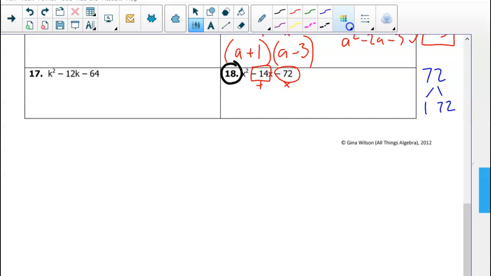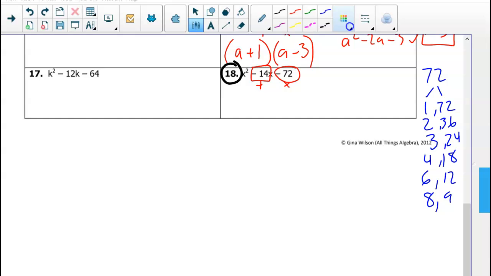So we have 1 and 72, 2 and 36, 3 and 24, 4 and 18, 6 and 12, and 8 and 9.